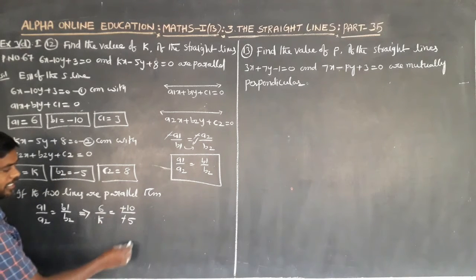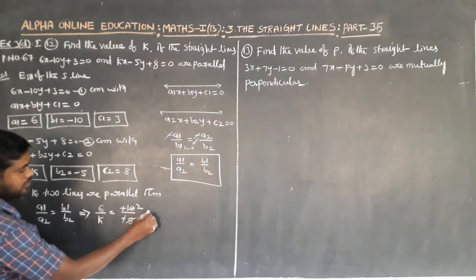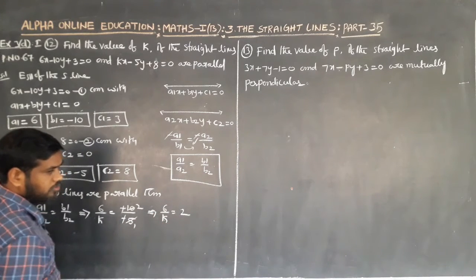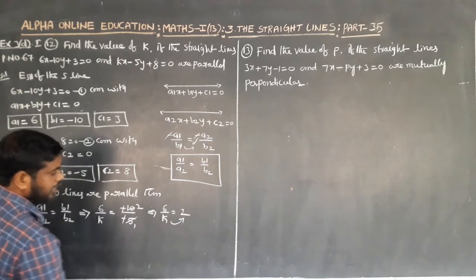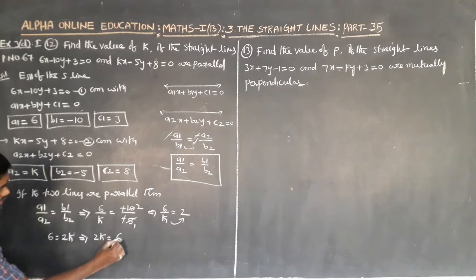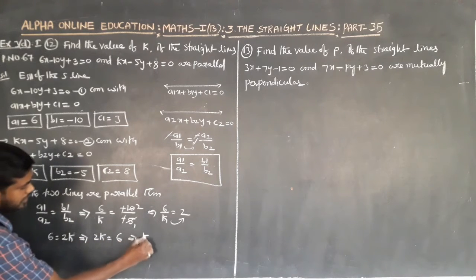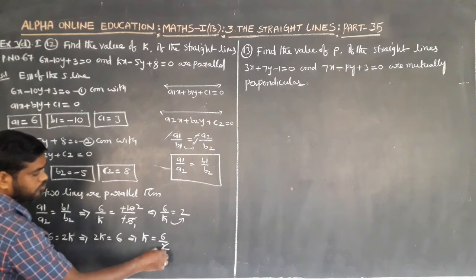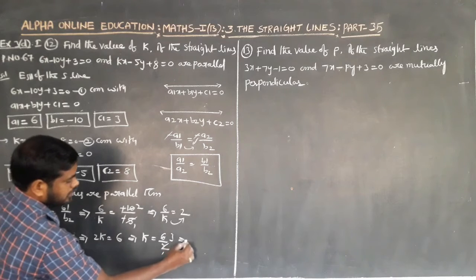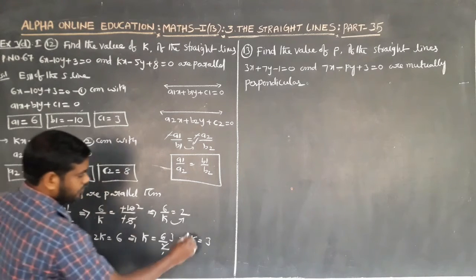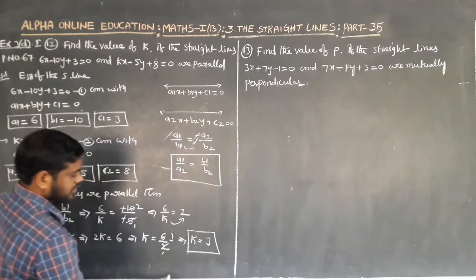Minus minus get cancelled, 5 ones are 5, 5 twos are 10, so 6 by k is equal to 2. Taking k to the right side, 6 is equal to 2k, 2k is equal to 6, means k is equal to 6 by 2, 2 ones are 2, 2 threes are 6, so k is equal to 3 is the answer.